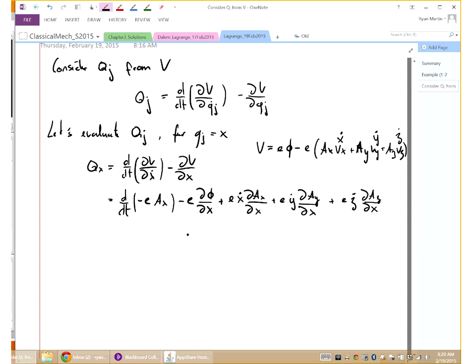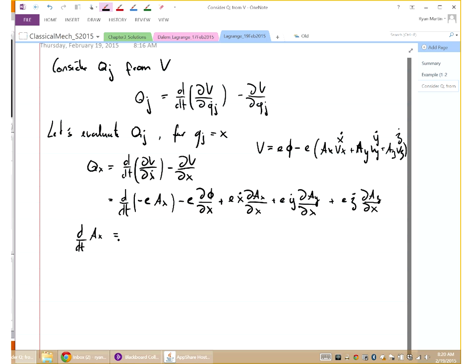So that first term is minus e d by dt of Ax. We need to know what d by dt of Ax is. Ax potentially depends on x, y, z, and t, right?